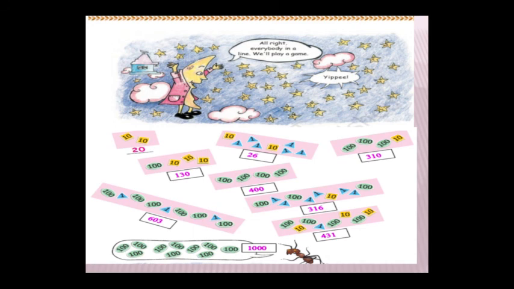Like that, you can see two 10 cards in the third box, and six triangle cards. So two 10 cards means 20, and six triangle cards means ones. Triangle is replaced as one, so it is 26. So like that you have to count and you have to write.